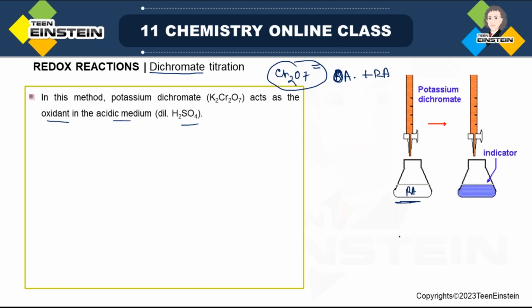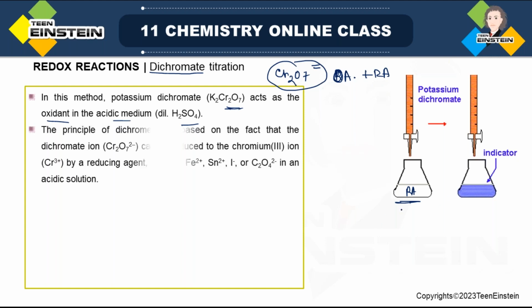Dichromate we have taken in the burette. You can see the color is orange or deep yellow, because K2Cr2O7 in solid form is deep orange, and when you make a solution, depending on concentration it can vary from yellow to deep orange. That is why the solution in the burette in the picture is orange.